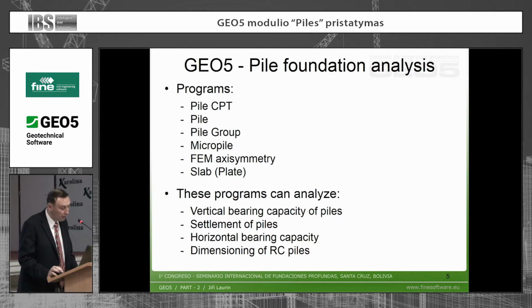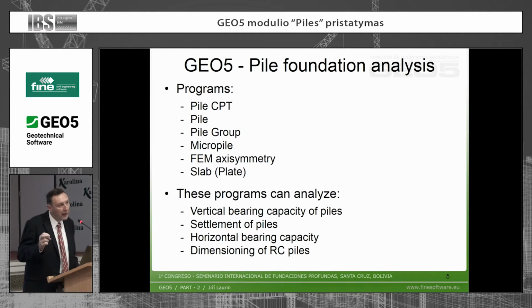So in our programs you can compute vertical bearing capacity of piles, settlement of piles, or the load settlement curve, because in fact no pile has a single bearing capacity. It's usually the bearing capacity for some settlement. In Czech, for example, and in many other countries, we usually take the limit of 25 millimeters.